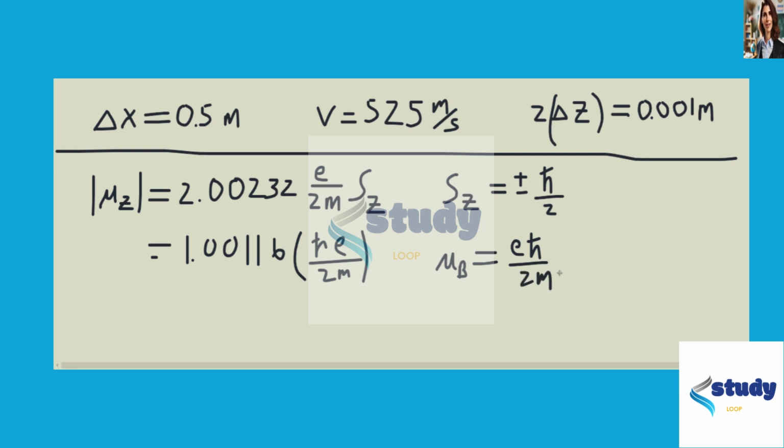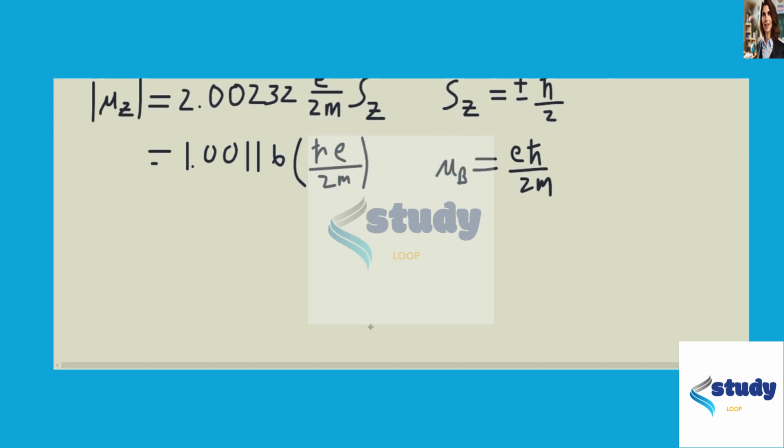It's equal to e h bar over 2m, and we can write the numerical value of that. In SI units, Bohr's magneton is equal to 9.274 times 10 to the minus 24 joules per Tesla. So we can go ahead and substitute that in, where m is the mass of the electron. This gives us a value of mu sub z equal to 9.2 times 10 to the minus 24.